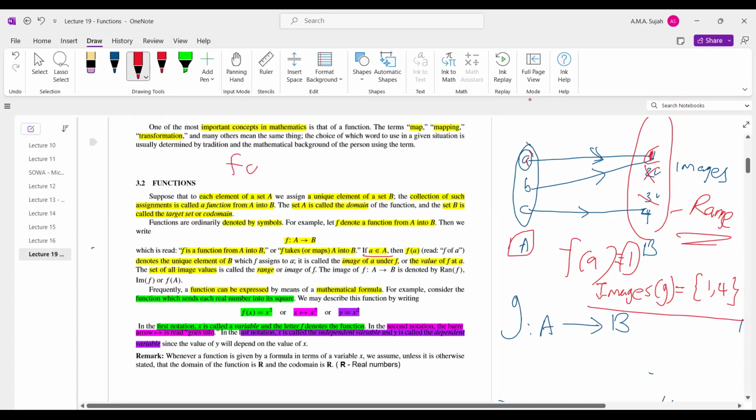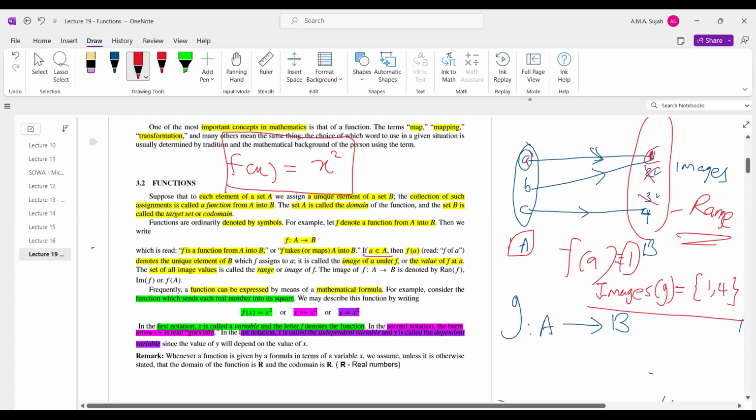Okay, now just think about this is a function. f of x is equal to x squared, right?